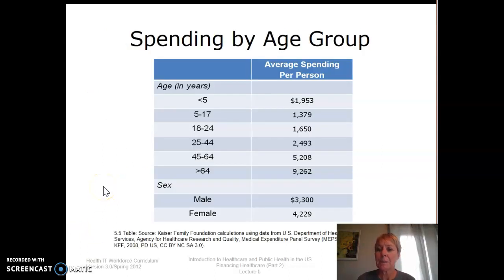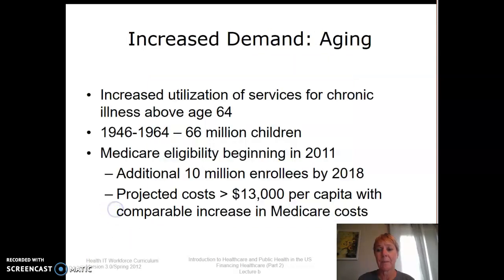Spending by age group, spending by age group per person. If you look at the cost for under the age of 5, then it slows down. And then as you get older, it keeps growing. Females traditionally have higher expenses than males. Another increased demand on our healthcare services is our aging population.